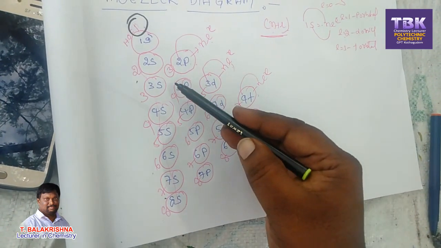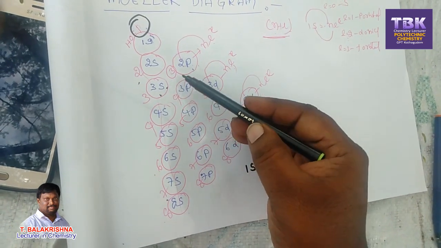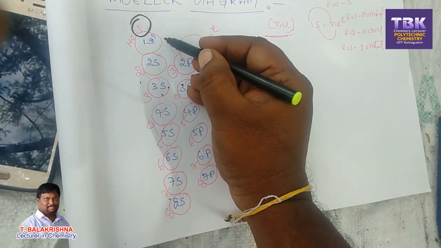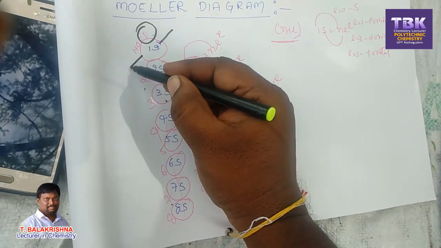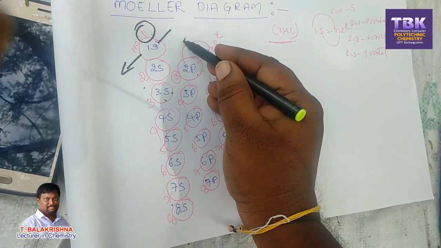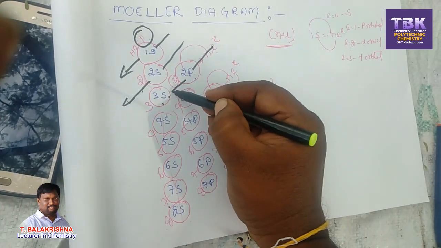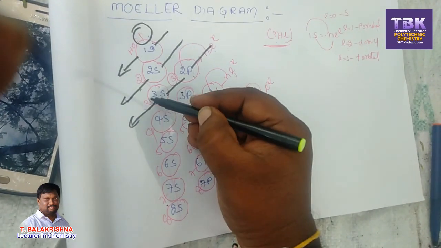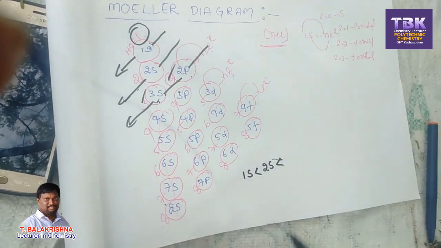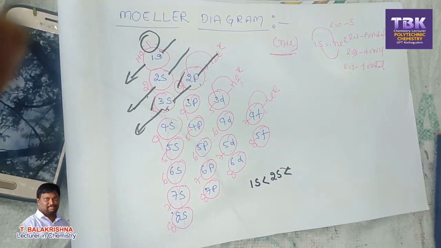Come to this one. 3s and 2p both have the same N plus L values, 2. In this case, which one is the lowest energy orbital?